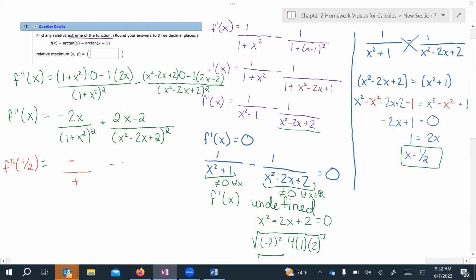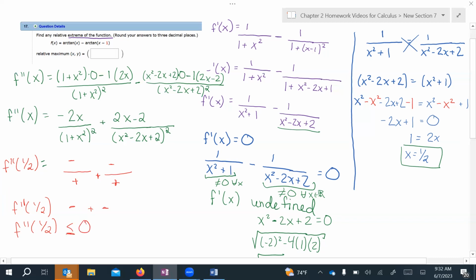We have a negative here over, again, that denominator is going to be positive. So we're combining a negative plus a negative. You can find, if you feel like doing the arithmetic to actually work it out, you can do that. But we can see that f double prime is going to be less than 0.